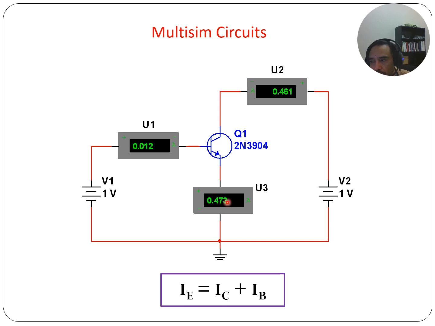Just to let you know, right? So 473 should be equal to, like down here, the current in the emitter. This is Kirchhoff's current law. The input current must equal the two branching currents, IC plus IB. So 473 should equal this 0.012 plus this 0.461. Right?